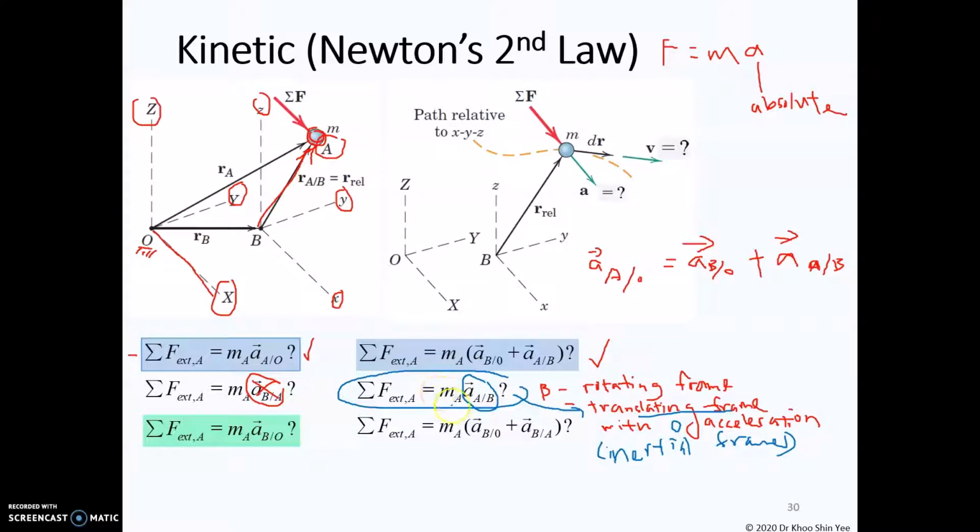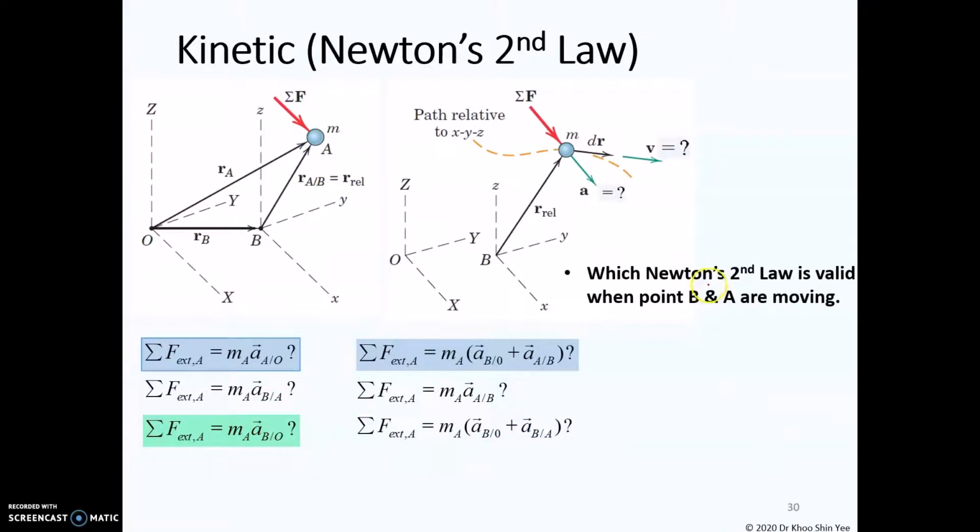Therefore, this equation can be made valid. So this equation is invalid because you are using the acceleration at point B instead of point A. Lastly, this one is wrong because you have acceleration B/A, not A/B. So you have acceleration B/O, which is this vector, and acceleration B/A, which is this vector, which is wrong compared to the graph here. So this is not valid.